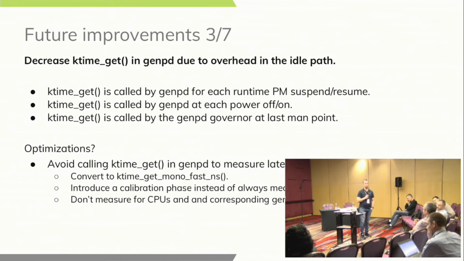In the worst case, you can reach some 30% difference, but most of the time that should be really negligible. It's just that you have only one write sequence in k-time get mono fast, whereas for k-time get you can have 2 levels, the first one when you're updating, and to take into account the case where timekeeping is updating your clock deviation.